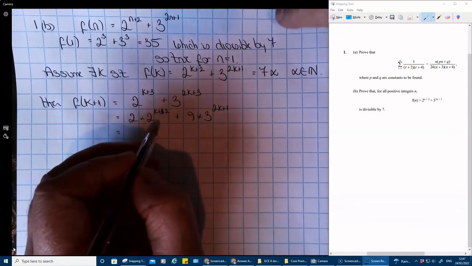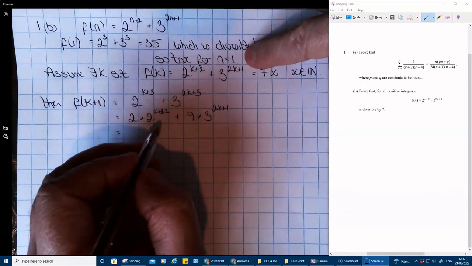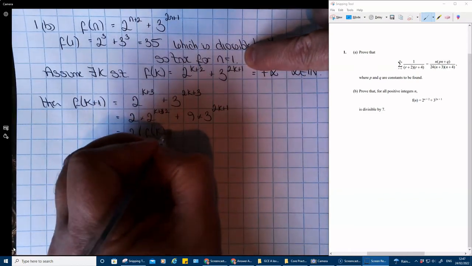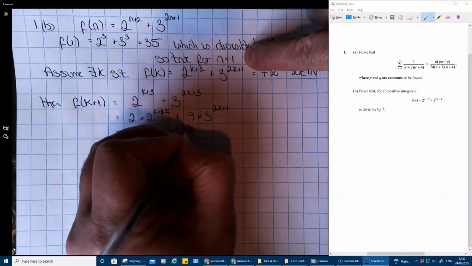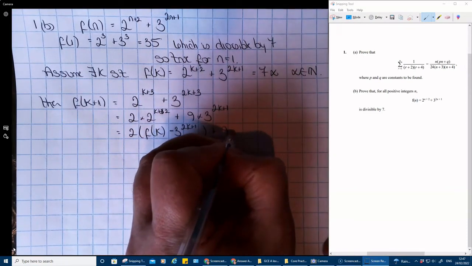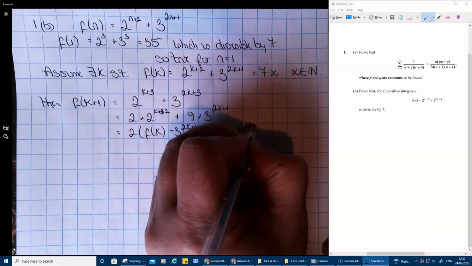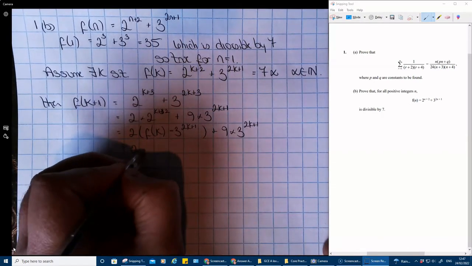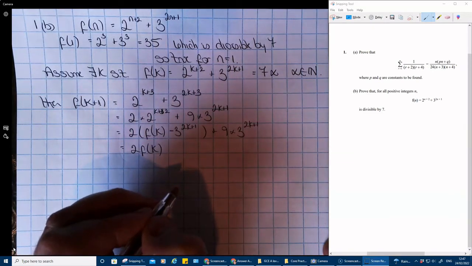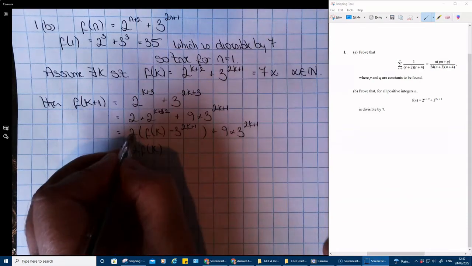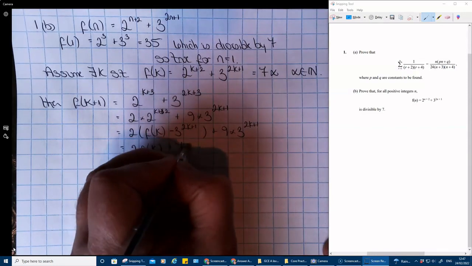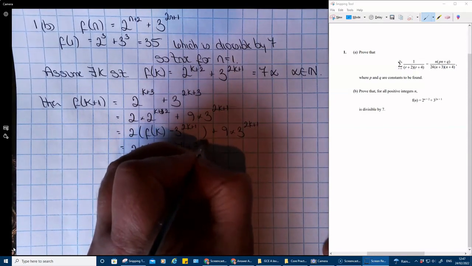2 to the k plus 2 is f of k, take away that, so it's 2 lots of f of k minus 2 lots of 3 to the 2k plus 1, plus 9 lots of 3 to the 2k plus 1. So it's 2 f of k, minus 2 lots of that plus 9 lots of that, so it's plus 7 times 3 to the 2k plus 1.